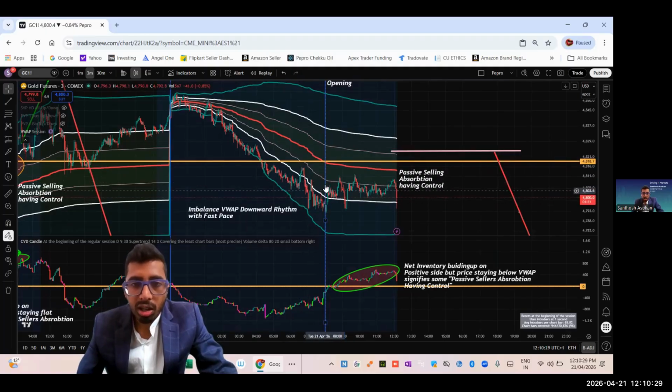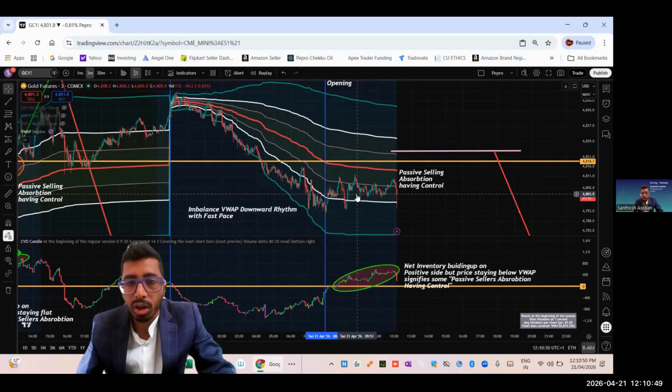But after the London opening, this fast-paced downward rhythm slightly shifted towards normal pace. Normal pace is 0.5 standard deviation to minus 1 standard deviation levels, and VWAP to 0.5 standard deviation is a slow pace. But all these are in a downward rhythm.